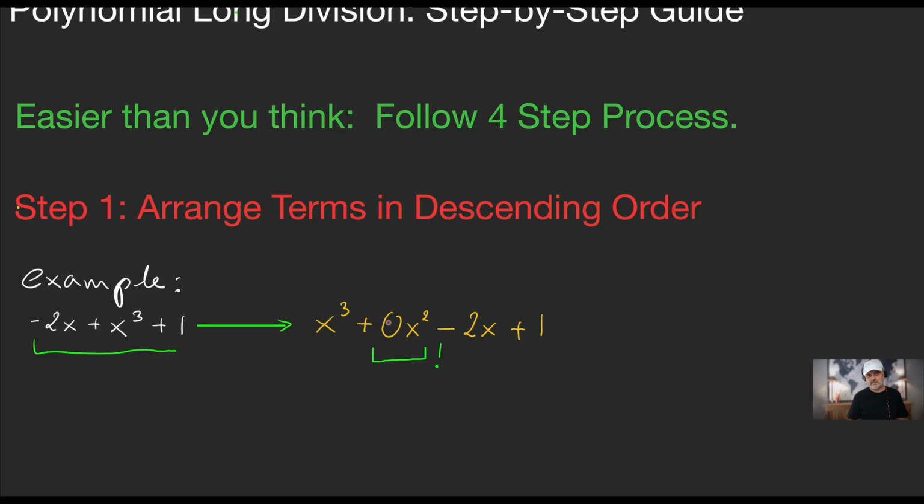It's not there, but technically you want that placeholder to be visible for the purpose of division. And then negative 2x comes right after, the first degree term, and the constant number 1. So we have that arranged beautifully.